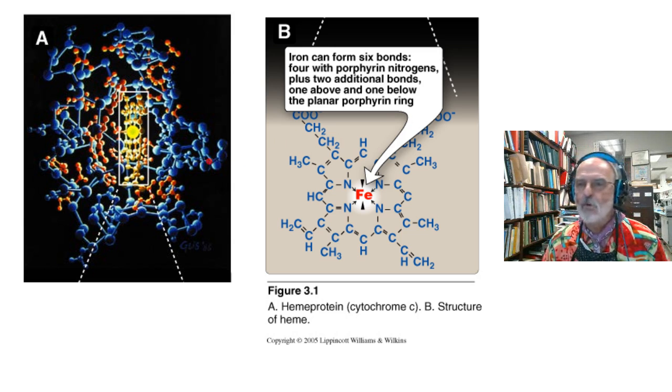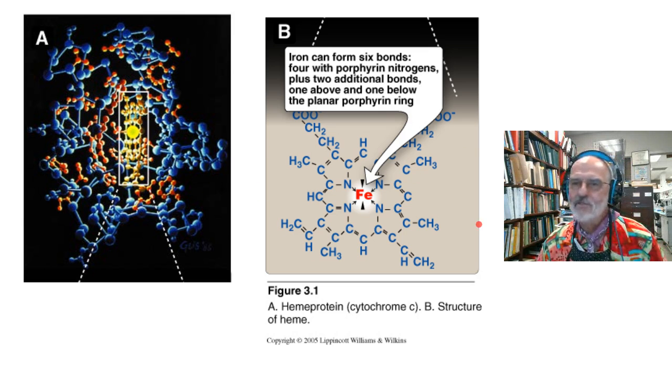So here are various renditions. This one from your book is meant to simply show that it's a cavity or a cleft that it exists in. The importance of that is it's desolvated, so there's less water there. Water is actually an inhibitor in this case, so you want it to be less aqueous. You want to have a higher dielectric constant in this non-aqueous environment.